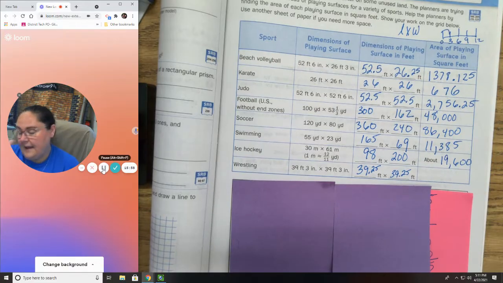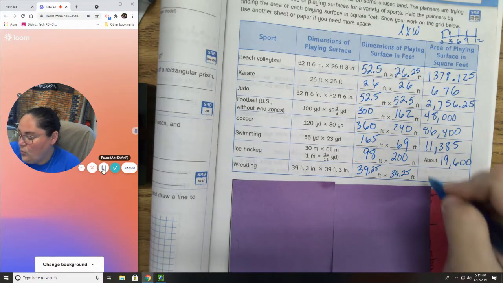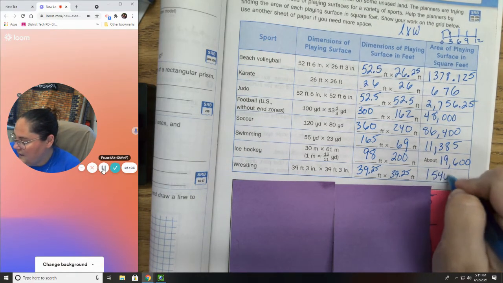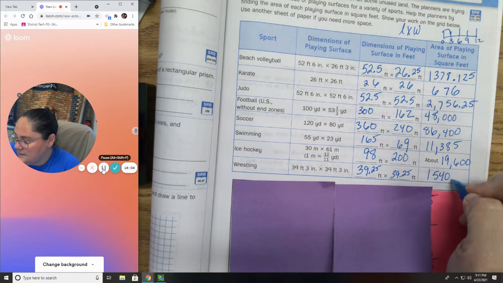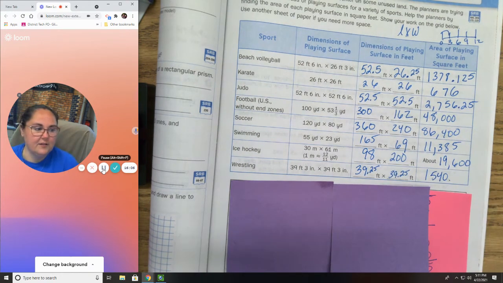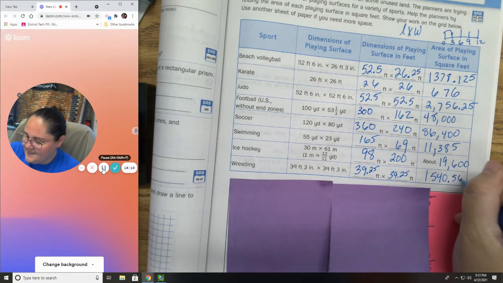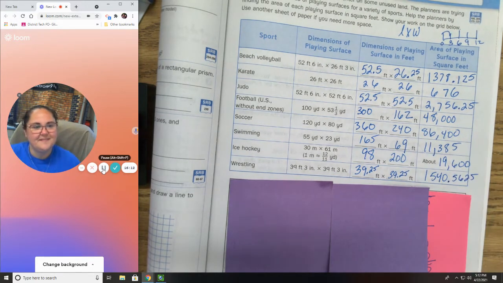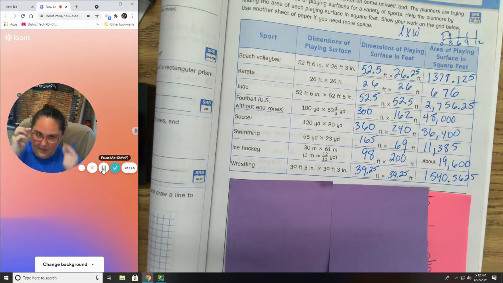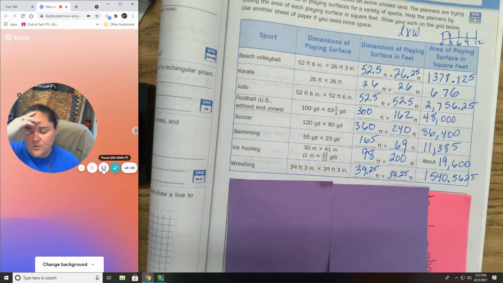And finally, the last one should be about 1,540 and, hang on just a second, 0.5625. Oh, yeah. Lord, that's a large number. All right. So that is what we have for those questions.